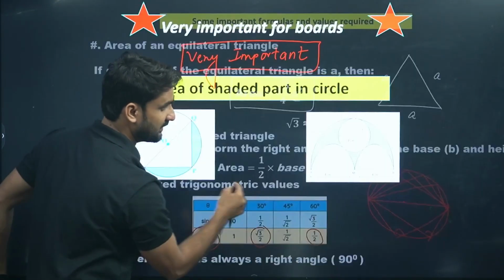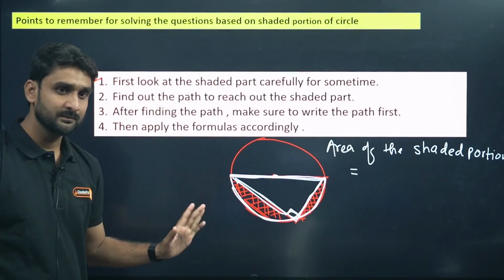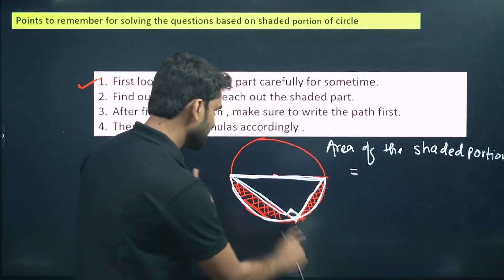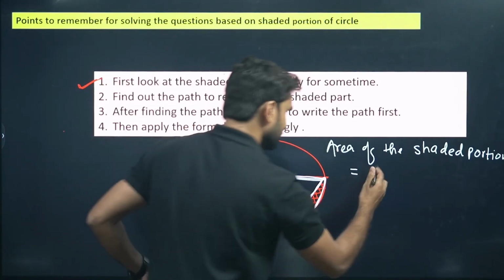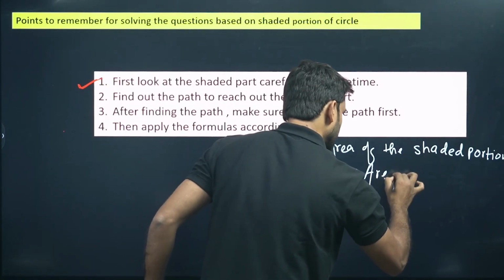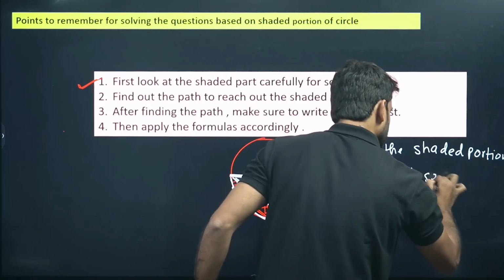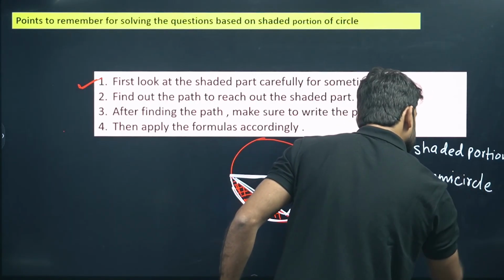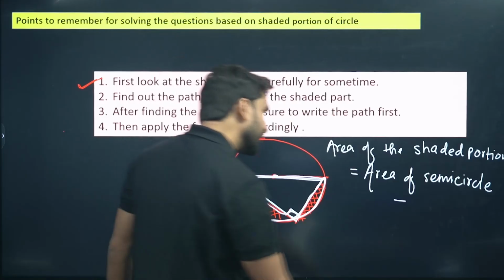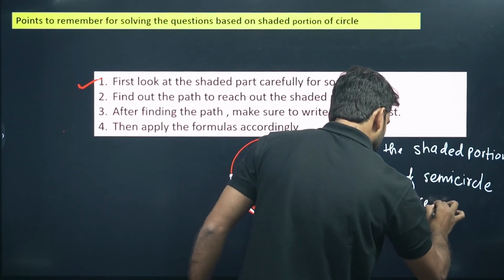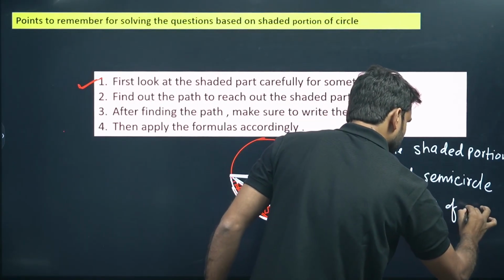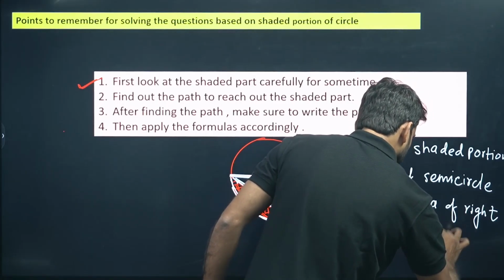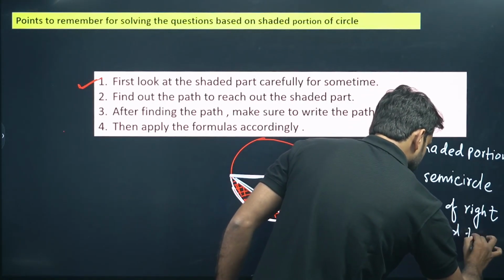This is the formula you require here. So how can you calculate the area of the shaded part? The area of the complete semicircle minus the area of the right angled triangle.